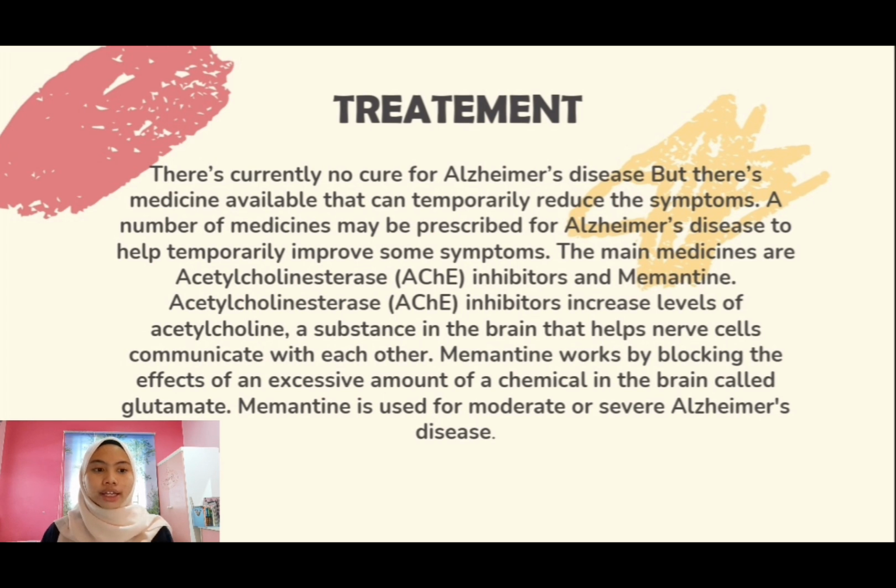Memantine works by blocking the effects of an excessive amount of a chemical in the brain called glutamate. Memantine is usually used for moderate or severe Alzheimer's disease. That's all from me. Thank you.